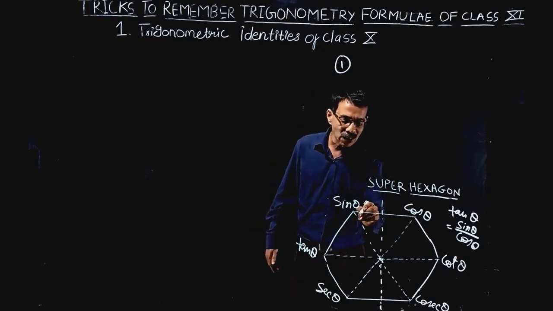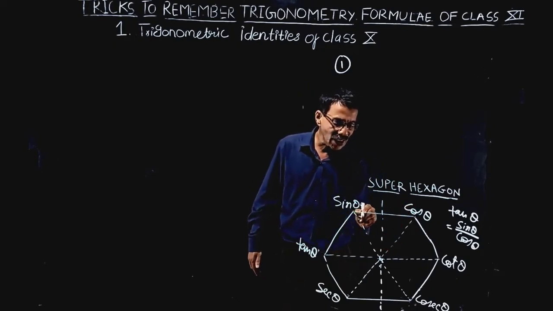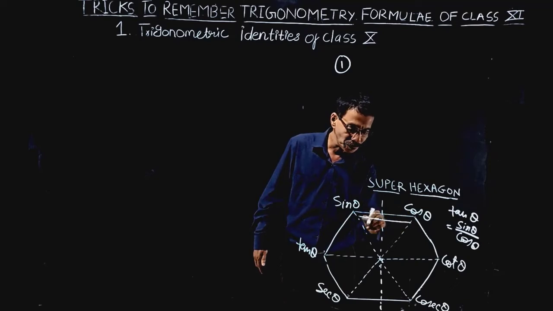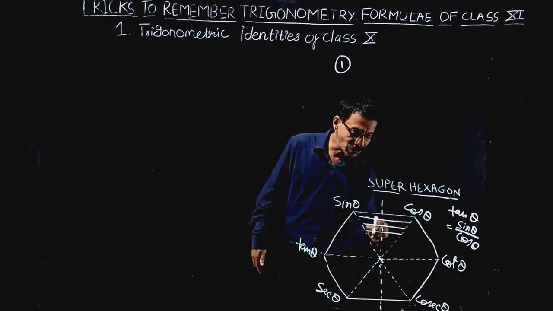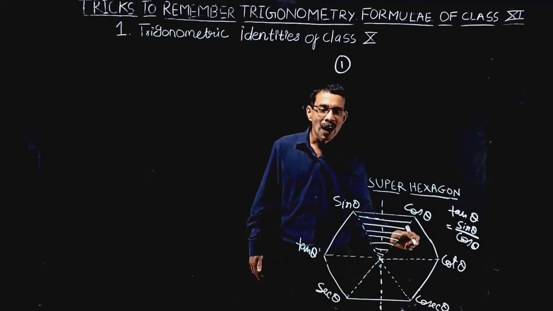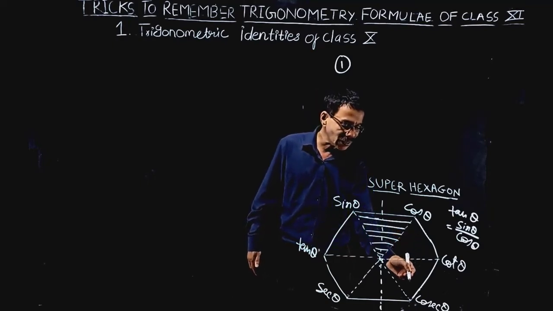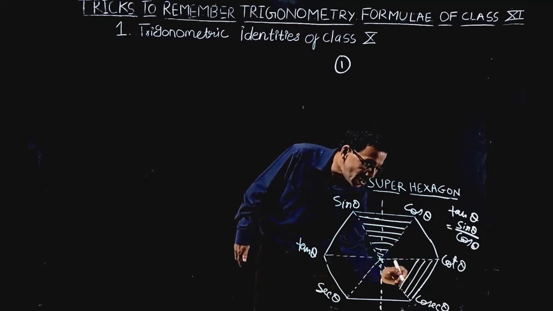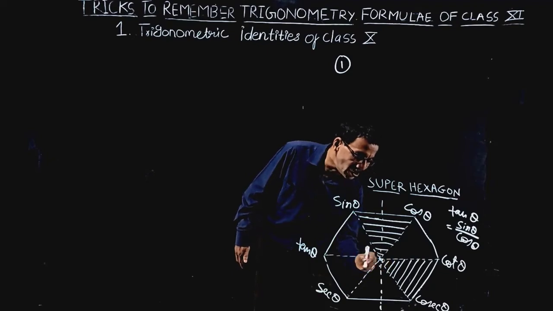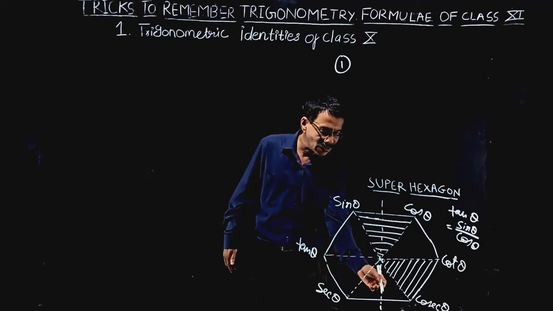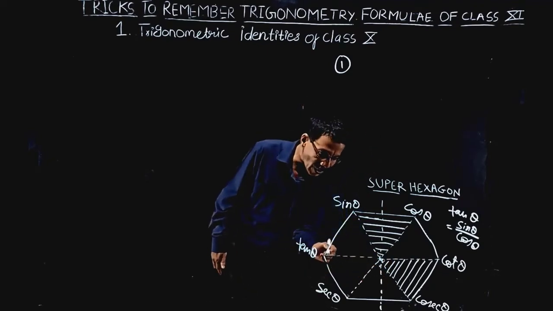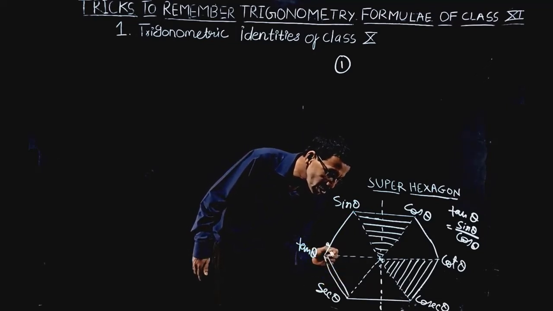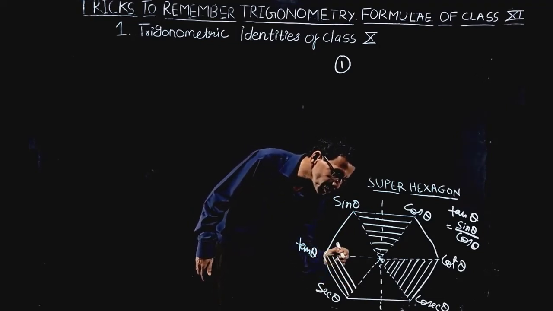And I will take this first triangle and shade it. So I have shaded this first triangle, and leaving the adjacent triangle, I go to the next triangle and shade that triangle. After shading this, I will leave one adjacent one and go for the third one and shade this third triangle.